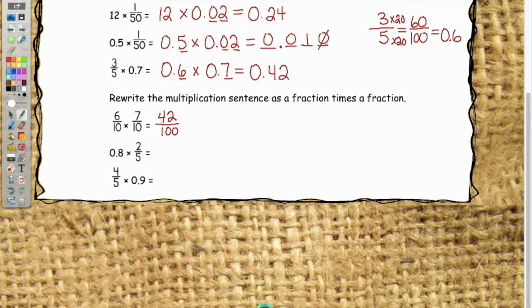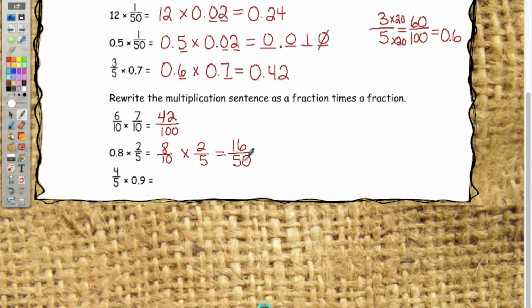Okay, so rewrite these as a fraction times a fraction. So we have to change 8/10 to a fraction. Let's see if Eurydia can do that. 8 over 10. Okay, how do I multiply fractions? Straight across. Okay, so 8 times 2, Eurydia. And 10 times 5.